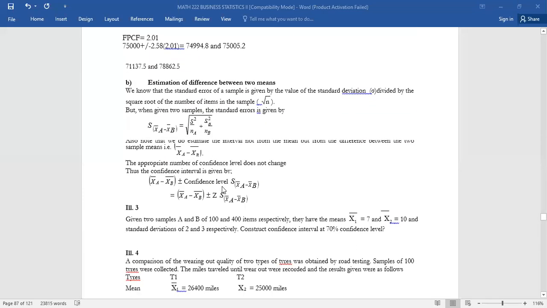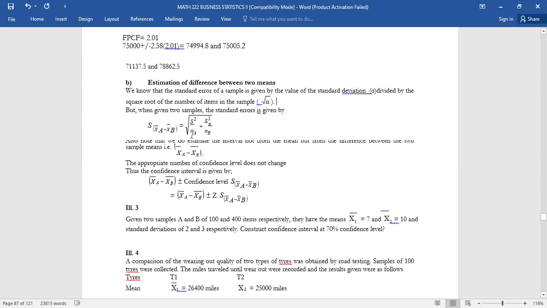Well, let's look at the estimation of difference between two means. Now we know that the standard error of a sample is given by the standard deviation, sigma, of the population divided by the square root of the number of items in the sample.